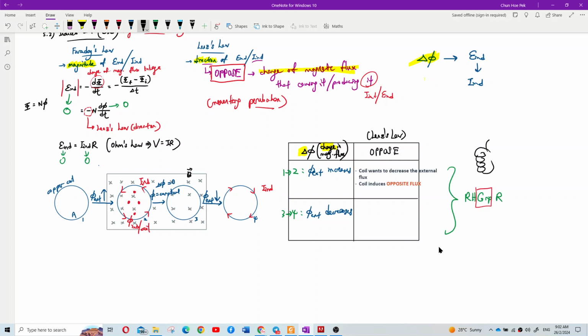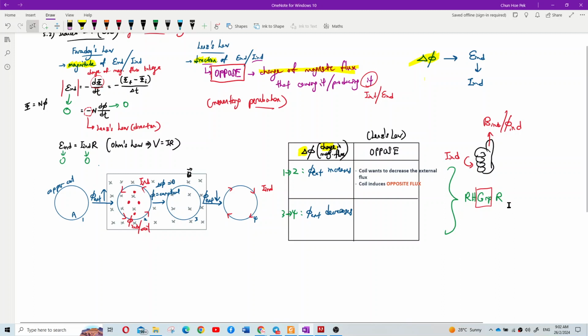So guna yang ini, the thumb, for magnetic field induced, ataupun flux lah. Magnetic field itu macam magnetic flux, induced. And the fingers are for induced current. So use your right hand grip rule to determine the direction of induced current.